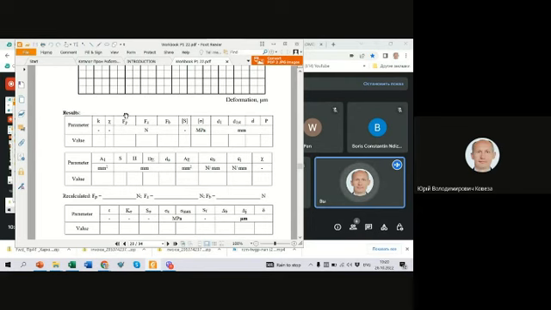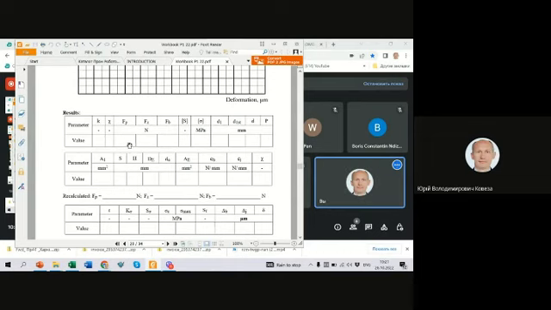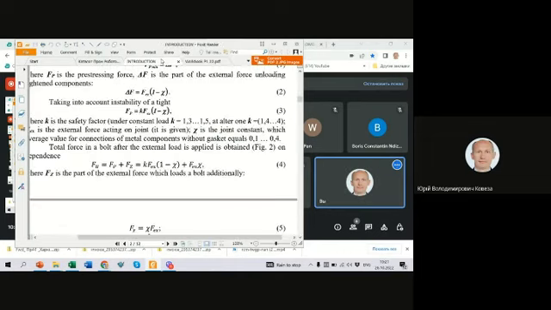In such case, prestressed force, according to this formula, look, if he is 0.3, 1 minus 0.3 is 0.7, 0.7 times K, 1.5, so it means that F prestressed is 1.05 times your external force which is given. And this result put here, in kilonewtons.